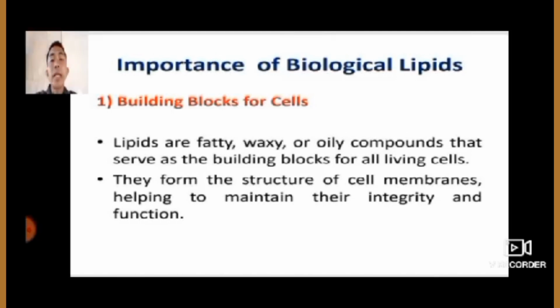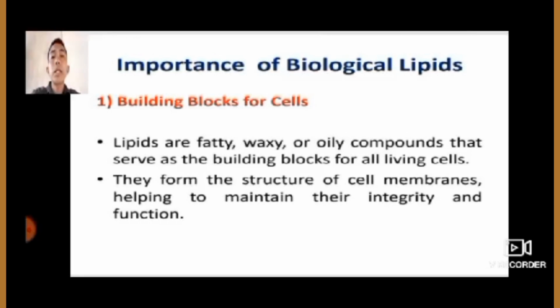phospholipids, and steroids. Lipids are also essential components of all living organisms and play crucial roles in various biological processes. They form the structure of cell membranes, helping to maintain their integrity and function.